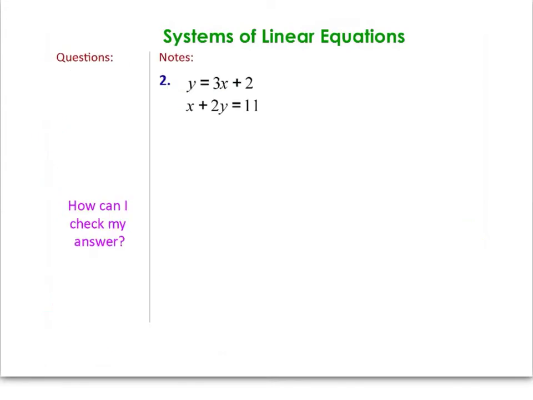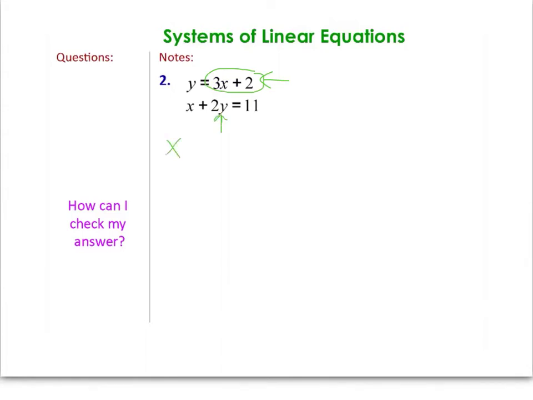Let's try another one. This one says y equals 3x plus 2 and x plus 2y equals 11. Well, if I look, equation 1 is already solved for y. I don't have to do any work to get y alone. So what I'm going to do is plug 3x plus 2 in for y in my second equation.